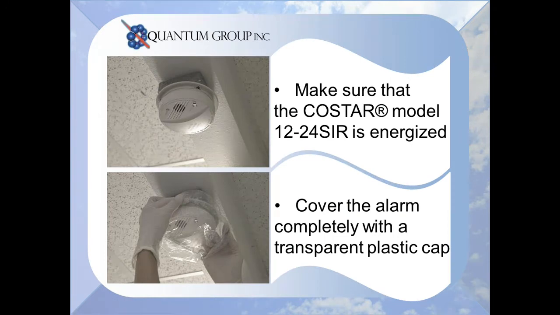Here's an example. Make sure the Model 1224 is energized by simply pressing the button, and you will get it to go through a test mode. It takes a few seconds. Then cover the alarm with the elastic cover.